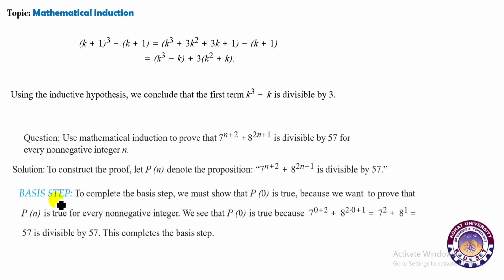First we complete the basis step. By taking n equal to 0, we get 7 raised to the power 2 plus 8, and 7 squared plus 8 is 57, and obviously 57 is divisible by 57. This completes the basis step.